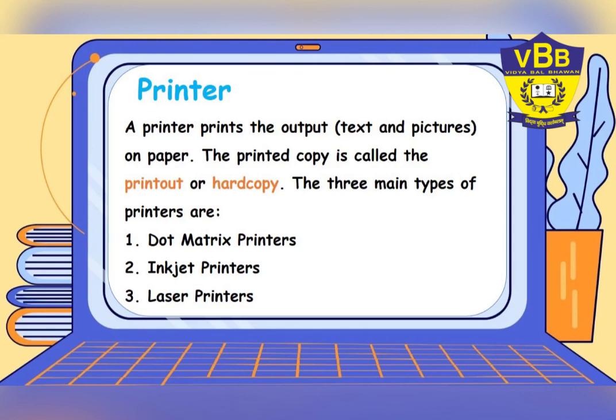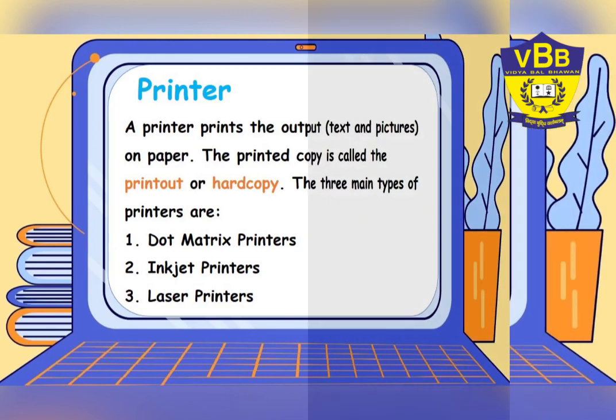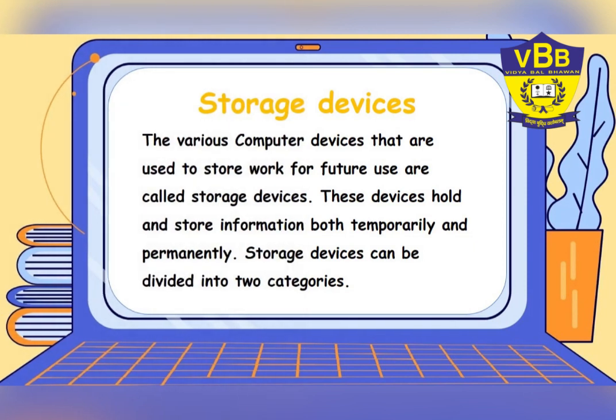Now, moving forward, our next topic is storage devices. Computers have various devices which we use to store data, and these devices are known as storage devices because they store our data for further use.